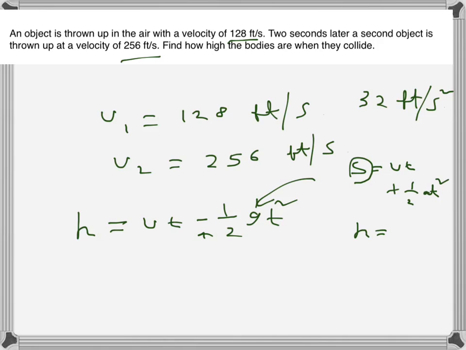Now this is for, let's say, the first object, and for the second object, u2t minus half gt square, same thing. But let's say we start the problem with capital T. Let's say after time t, where t is when the second object is thrown. So basically t seconds after the second object is thrown, they collide, let's say that.